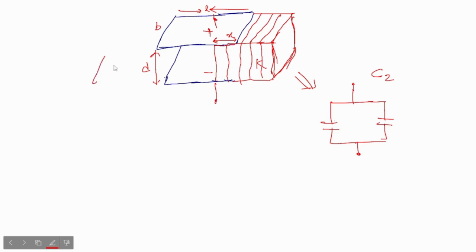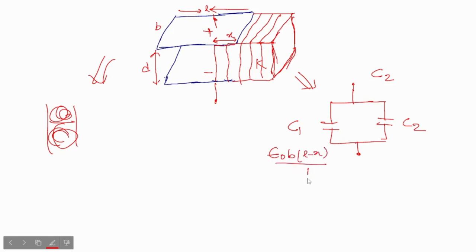If you look at this figure, this is a dielectric slab and this is normal air. Suppose the capacitances are c1 and c2. c1 will be epsilon naught into A, which is this length multiplied by this width, so it will be b into (l minus x) upon d.